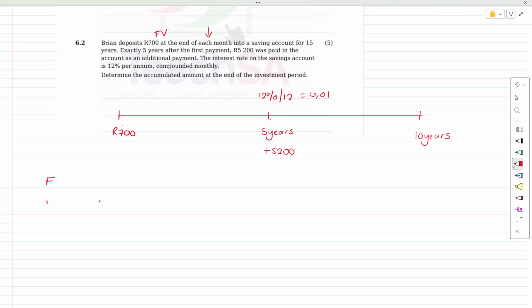So F, this guy puts 700 Rand. I is 0.01 and N is 5 years times 12, which is 60. Now I know marking guidelines would do this in one step. That's fine. If you understand it in one step, go for it.